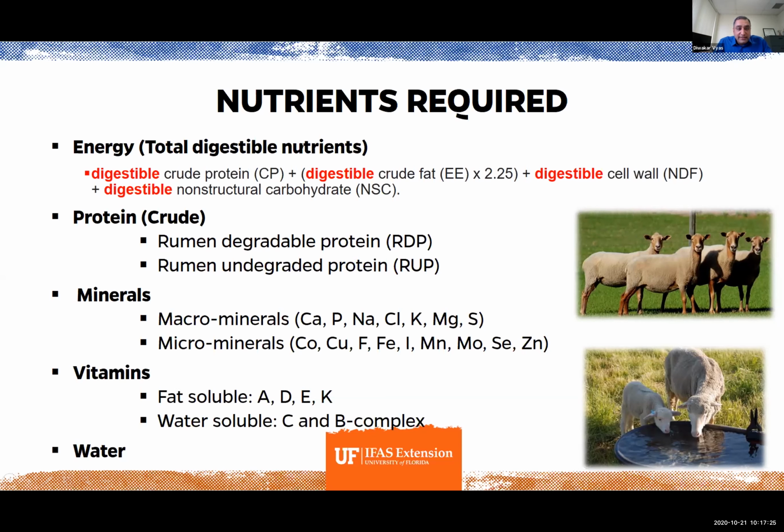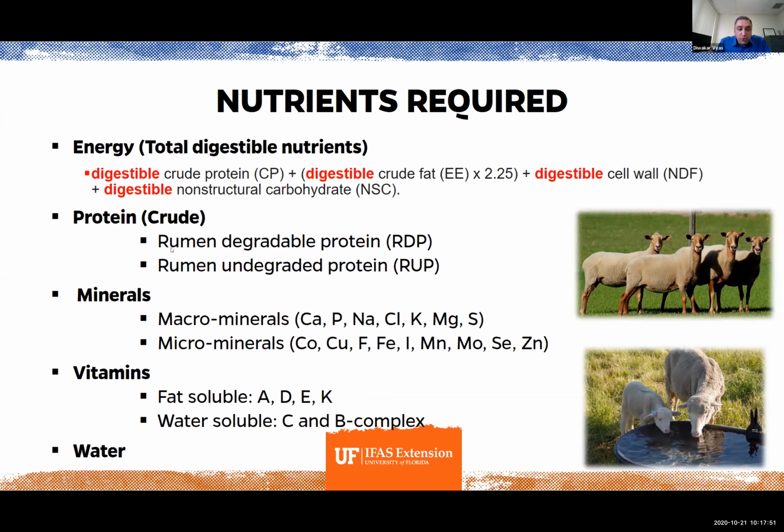So total digestible nutrients are the digestible crude protein, digestible crude fat, cell wall contents, and non-structural carbohydrates. For all of these components of the feed, we estimate digestibility, and then based on that, we estimate the total digestible nutrients. And that's a proxy for energy in the diet.